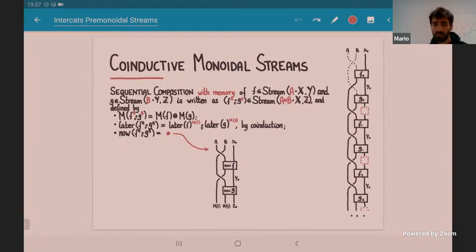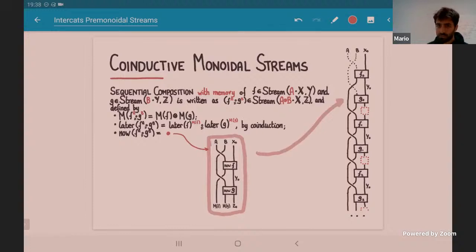So if I have some stream f and some stream g, I'm going to define the composition, and I just need to define first the memory they're going to have on the first step. This is normally easy. Then the thing they do on the first step, which is a string diagram like that. I can use string diagrams to define that because it's just a morphism in a monoidal category. And then I extend by coinduction the same definition to the later part. So the thing we're going to do is just repeat this definition again and again here.